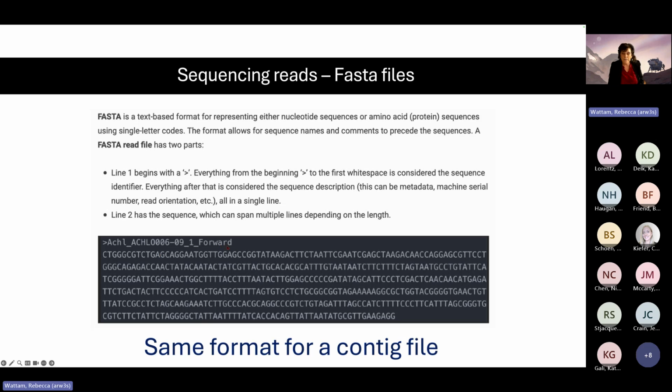It would have more information, and contig files also have things that will tell you how well this has been covered by the reads. So it'll give you an estimate of how much faith you should have in this particular segment of the genome, if it's very sparsely covered by reads or if it's really deep.